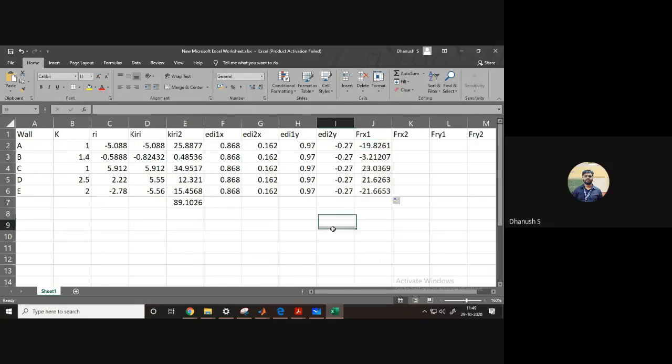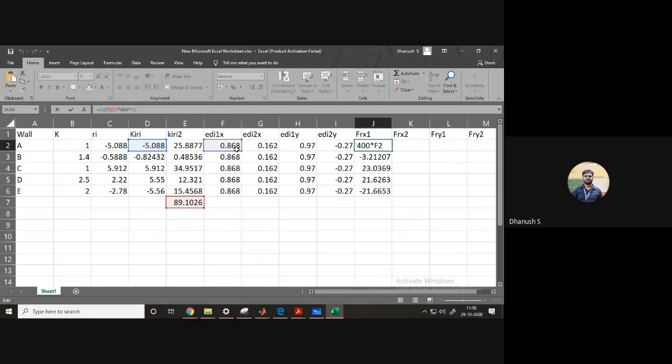Are these the values? Check everyone once. Calculate for 2 or 3 walls, see if the values match. So basically your force due to torsion is equal to what? It is equal to KiRi divided by summation of KiRi square into the force that is acting along x direction, that is 400 kilonewton, into the design eccentricity for that particular case.